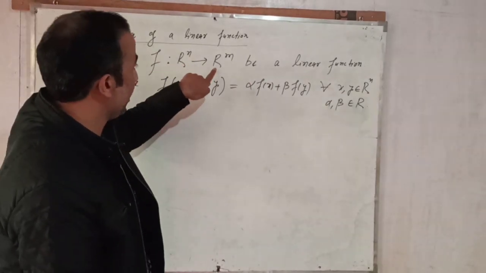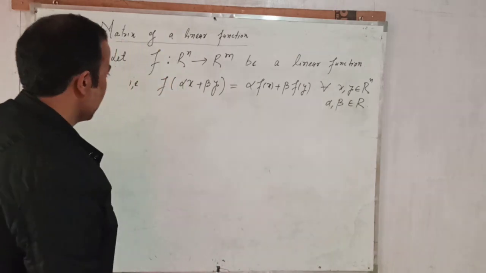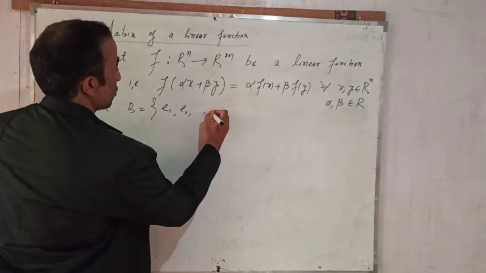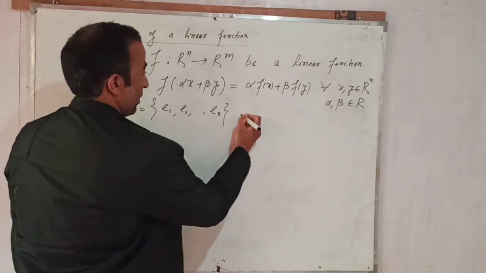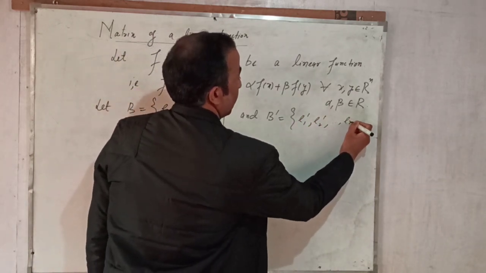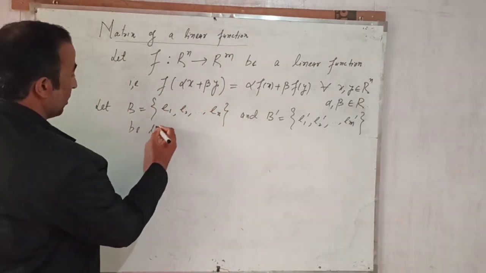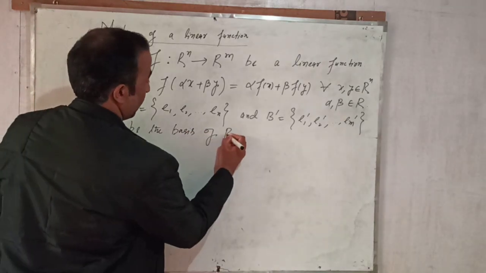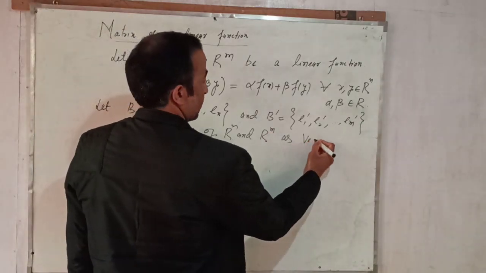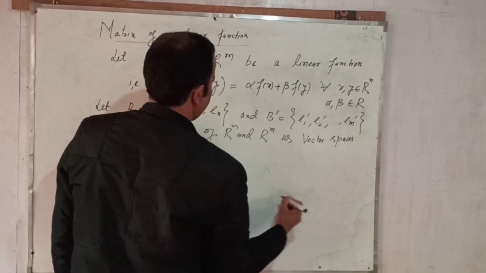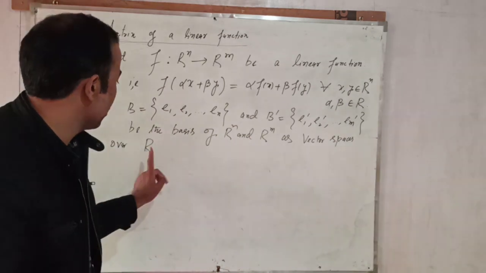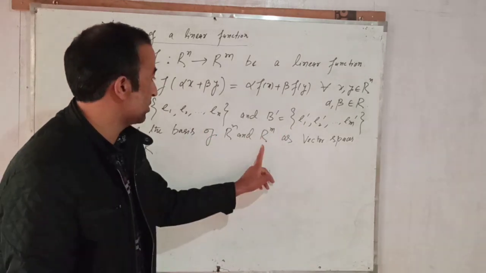Here we will consider Rn and Rm as vector spaces over the real field R. So I suppose that B equals e1, e2, so on, en, and B dash equals e1 dash, e2 dash, so on, em dash, be the bases of Rn and Rm as vector spaces over R. We will choose the first as a basis of Rn and the second as a basis of Rm.